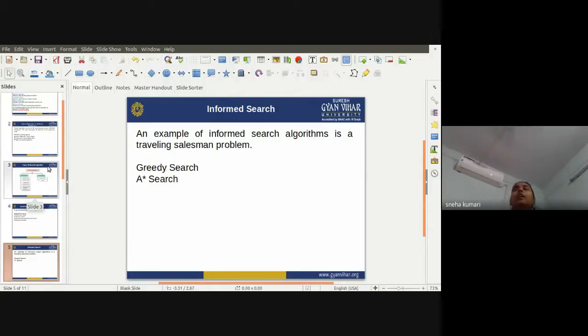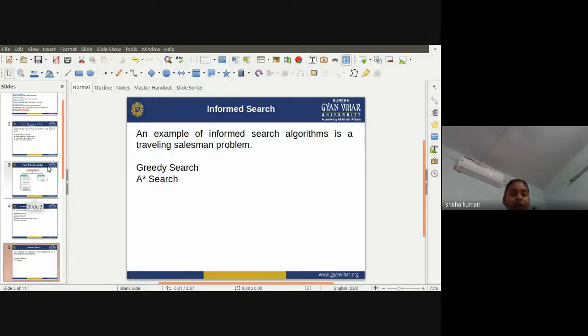See, what I told you is that uninformed search finds all the possible paths, all the possible solutions, all the possible goals. But in informed search, we apply one more function, called the heuristic function, and that minimizes this problem.